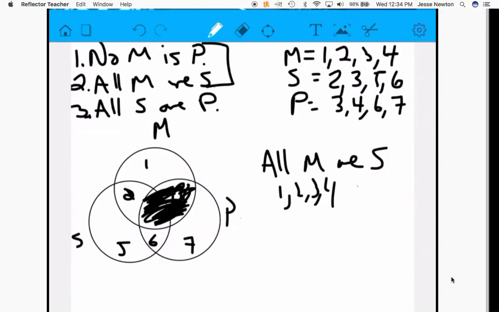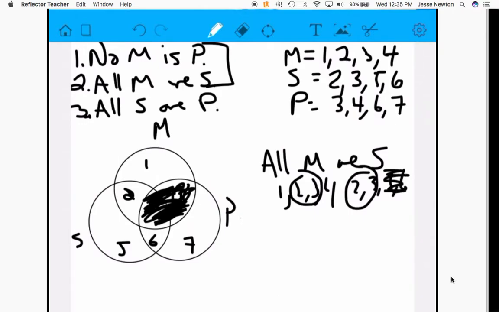S is going to be 2, 3, 5, and 6. And so we locate the regions of overlap, which are 2 and 3, and then we scribble that out. We're saying all M are in 2 and 3, which means if all of them are in 2 and 3, where are they not? They're not in 1, and they're not in 4. But we don't need to shade in 4 because we've already shaded that in, so that's taken care of.